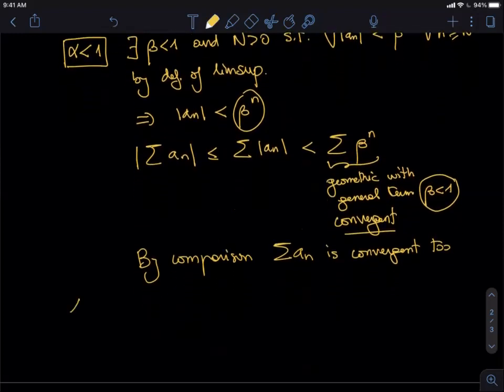Now, for alpha bigger than 1, the proof is actually very straightforward because it's almost by definition of the lim sup, right?